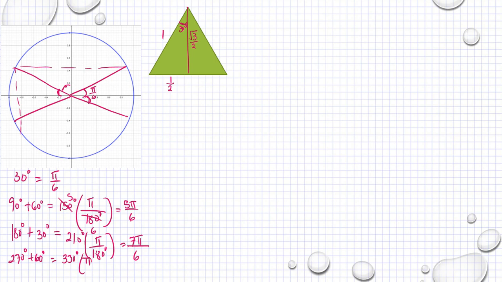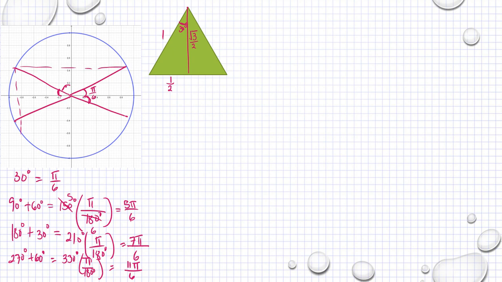Pi divided by 180, then we have 11 pi, 33 by 30 divided by 6. So 11 pi divided by 6.